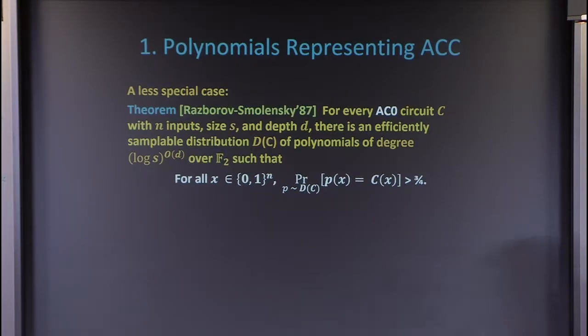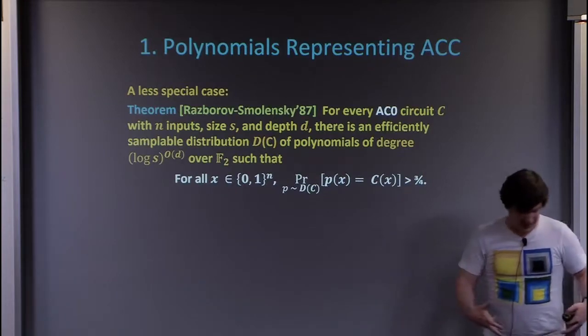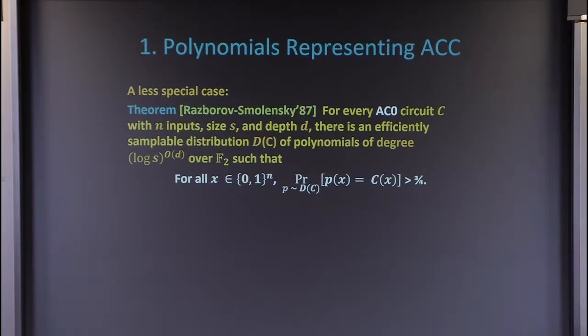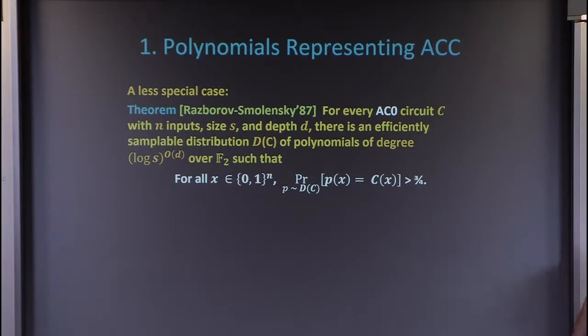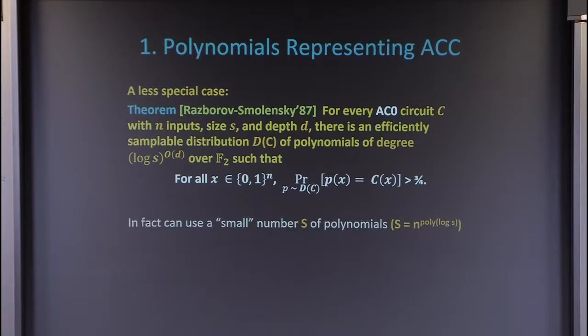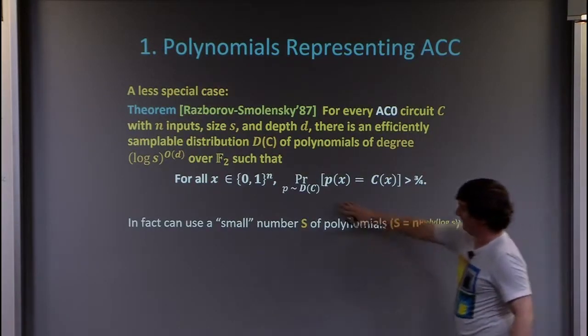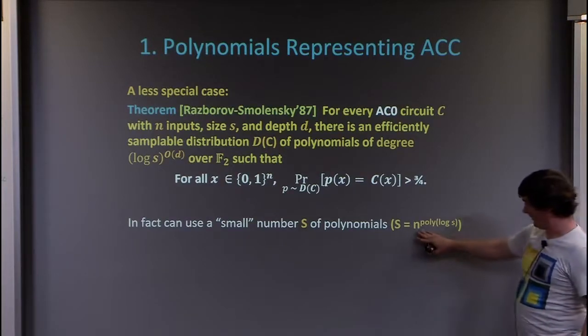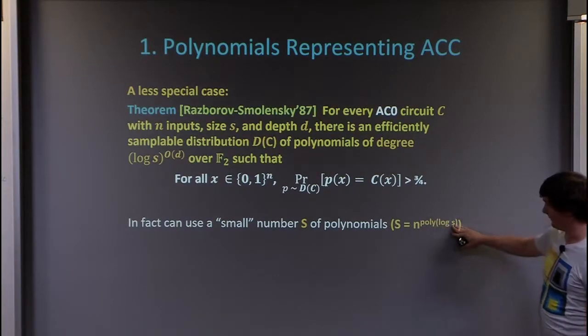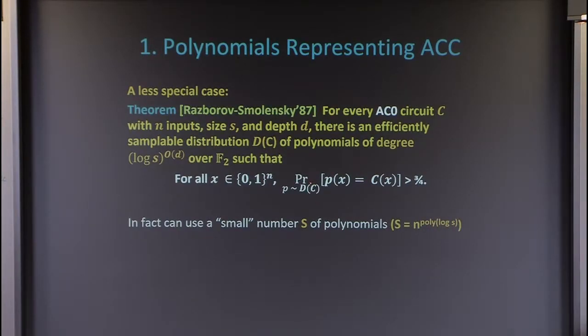This is a way of approximately representing a low depth circuit with a very low degree polynomial. In fact, we can use a small number of polynomials. This sample space can be made quite small. That takes an argument, but about n to the polylog S polynomials in total could possibly be output by this thing.